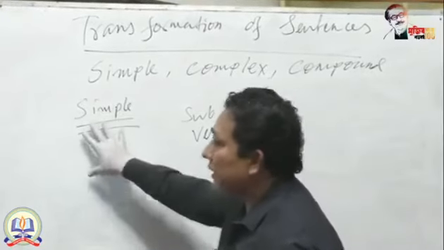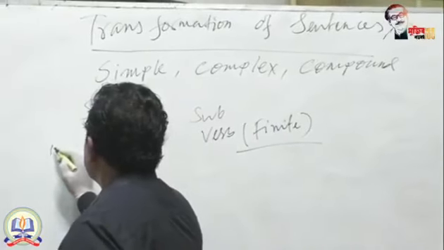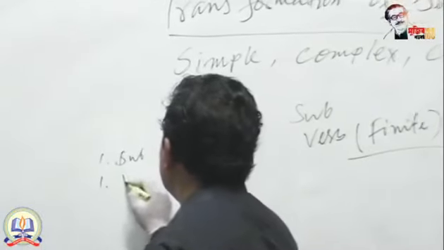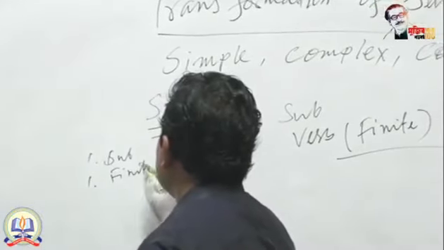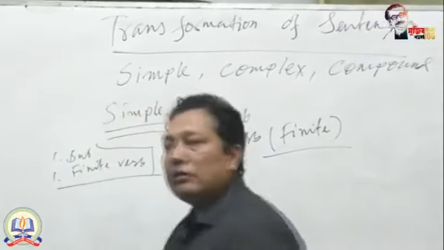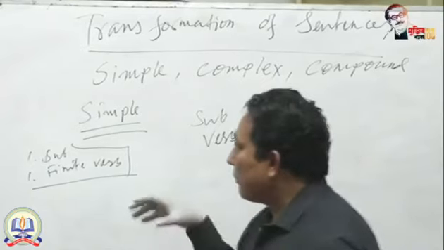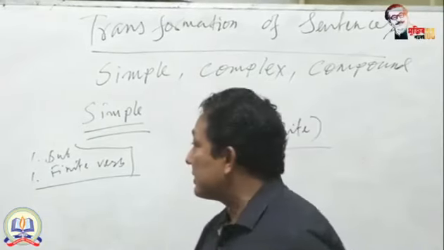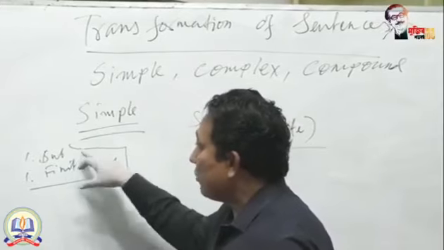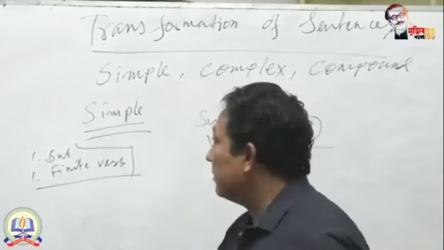In a simple sentence, you will get one subject and one finite verb. Of course, it has to have a completed thought. Without a completed thought, you cannot say that it is a sentence. So in a simple sentence, you will ensure that it has a single subject and a single finite verb.